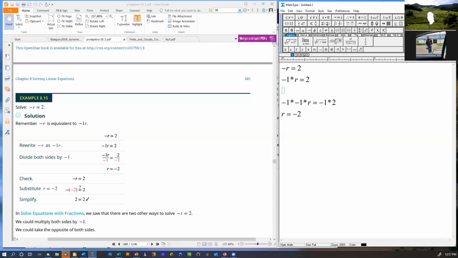Equally valid to do it this way. Well, what's negative 1 times negative 1? Positive 1. So we get the same thing. And negative 1 times positive 2 is negative 2. So r equals negative 2.